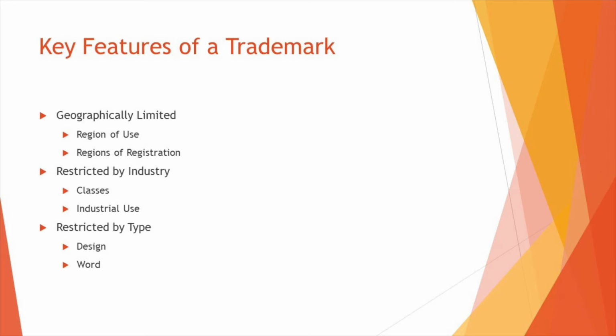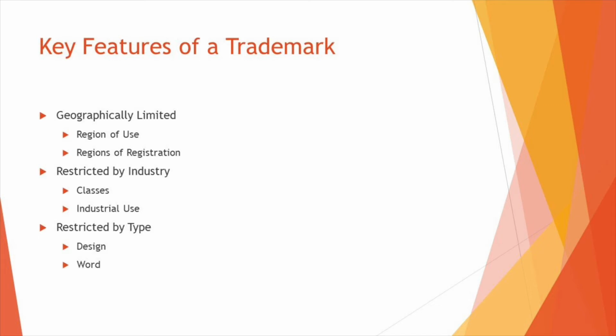When it comes to the geographic limitations, essentially trademarks are restricted both by the region in which they are actually used and the regions in which they are registered. So, a logo or slogan or even a name, no matter how prominent, will never have universal applicability. It'll always be applied in a geographically limited region or a series of geographically limited regions.